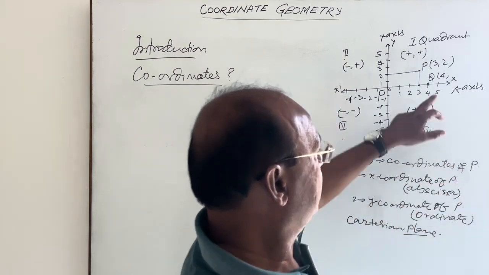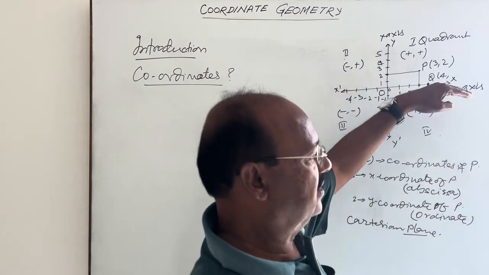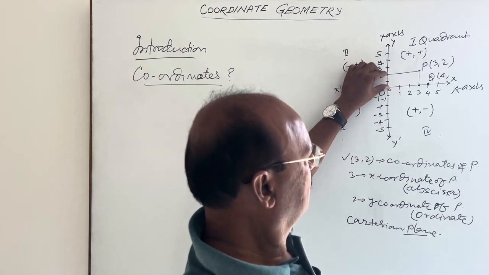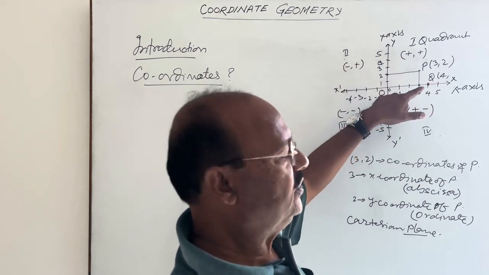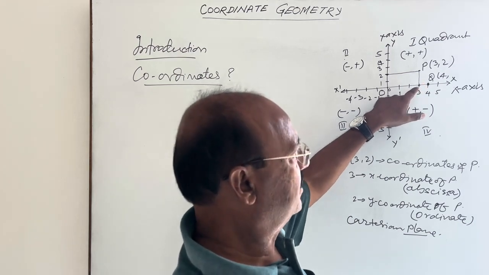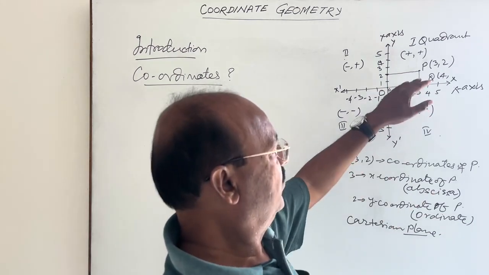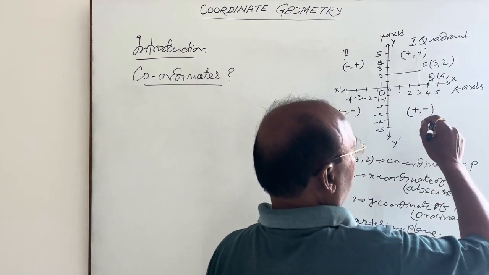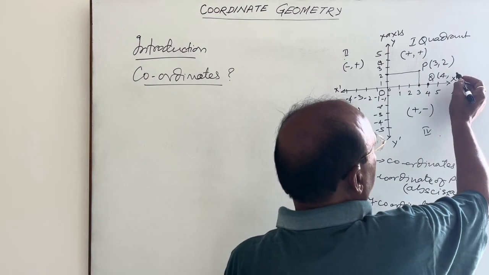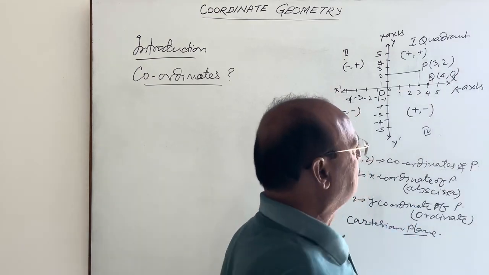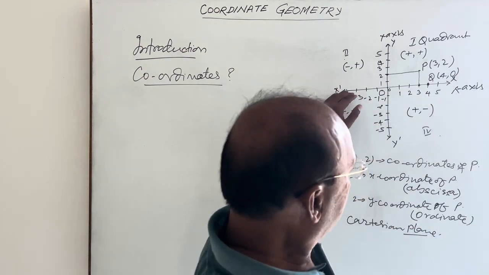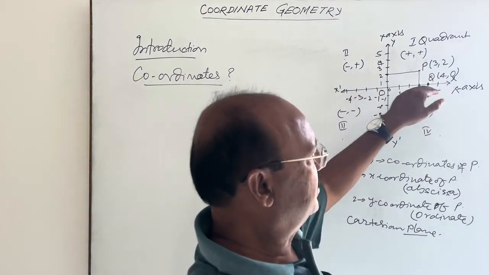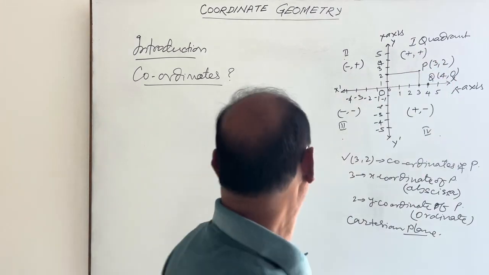But since this point is lying on the x-axis itself, the distance from x-axis along y-axis is 0. So y coordinates of all the points lying on x-axis are 0.